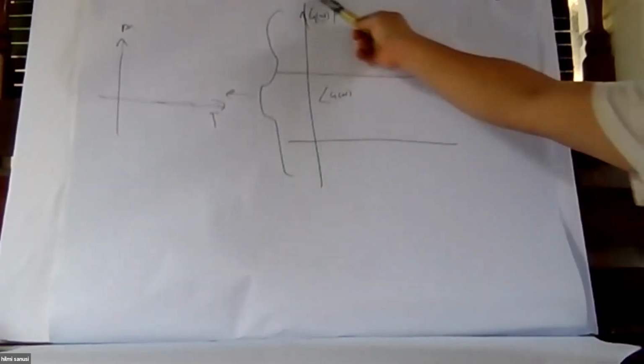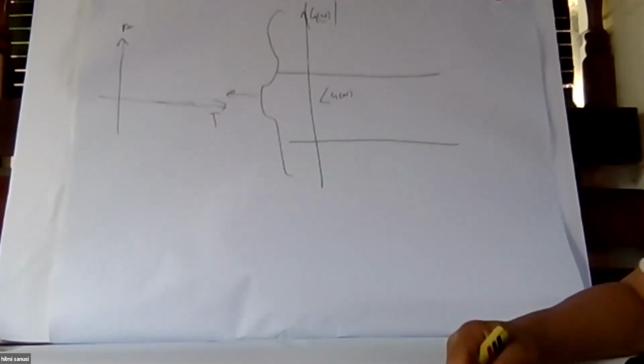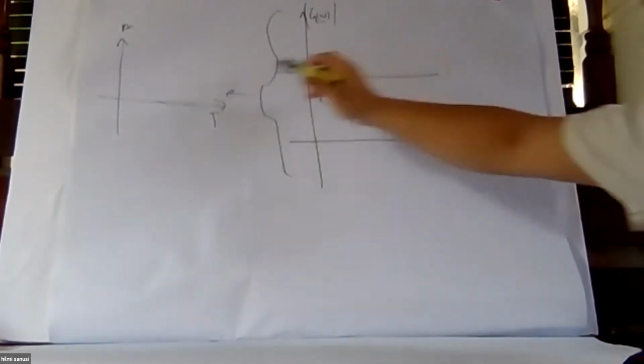Ini awak dah tengok banyak dalam your electronic. Kalau dia react macam ini, what will be in the time domain? Kalau the gain phase macam ini, what will be in the time domain?